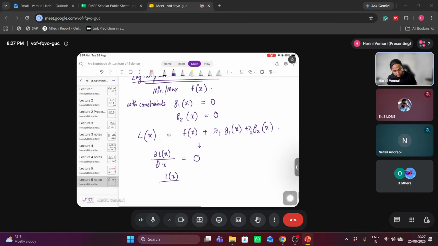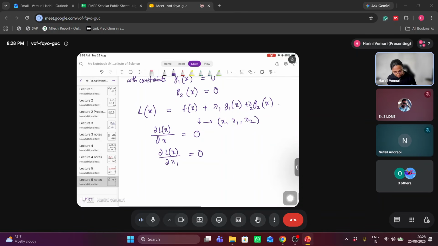Why? Because this L of x is in x, lambda 1, lambda 2, which are our variables. Once we write this L function, first dou L by dou x should be equal to 0. This is our first condition, and then dou L by dou lambda 1 should be equal to 0, and dou L by dou lambda 2 is equal to 0.